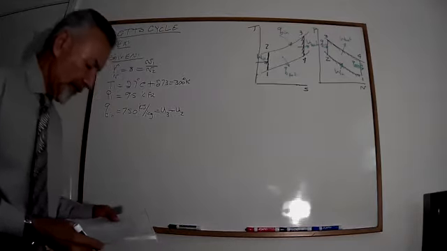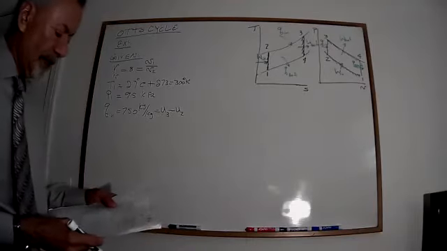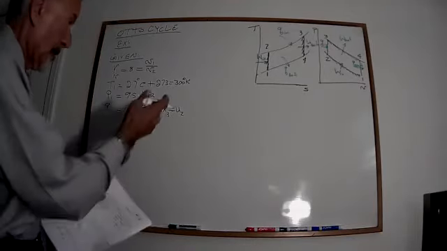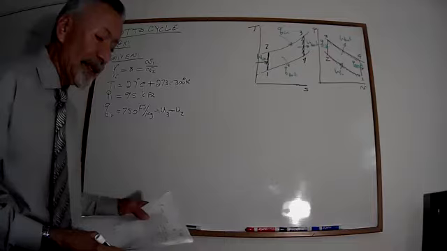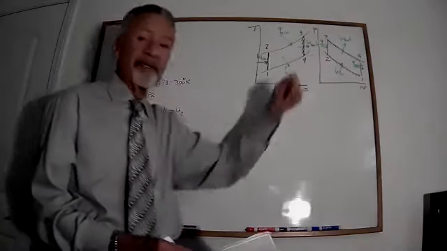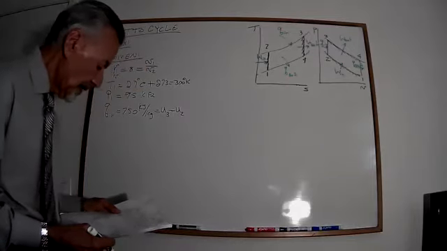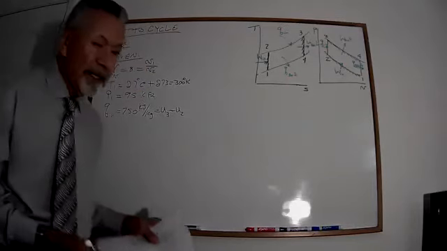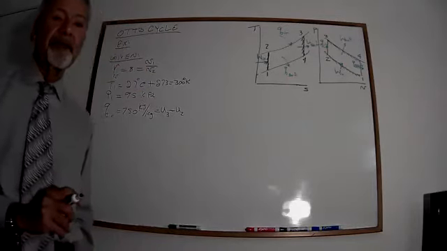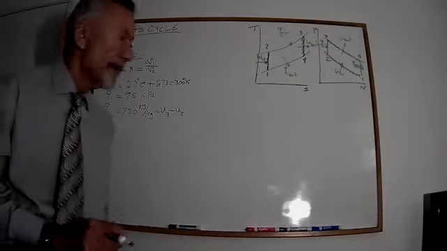So it says 750 kilojoule per kilogram of heat is transferred to the system at a constant volume. We already know that because that's the definition of the Otto cycle. Consider variable specific heat.